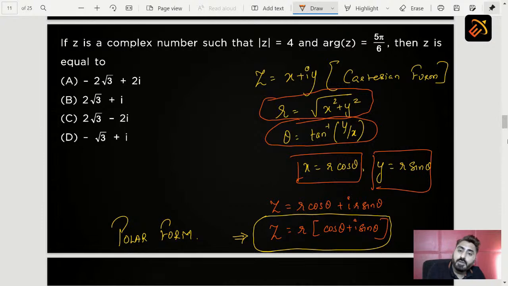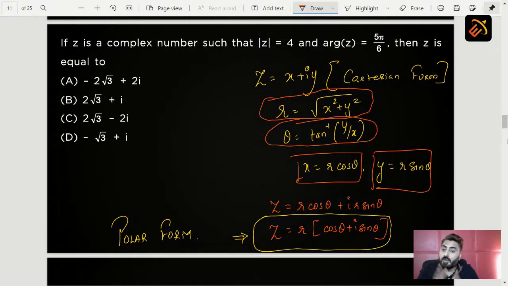And if we have to find the Cartesian form from the polar form, how will we find it? We are given theta, and we are given mod z, meaning the value of r. Where do we have to put it? We have to put it in the polar form and substitute. Putting a value and substituting a value are totally different things. Keep this in mind. When you are converting from Cartesian to polar form, you are just putting the value.